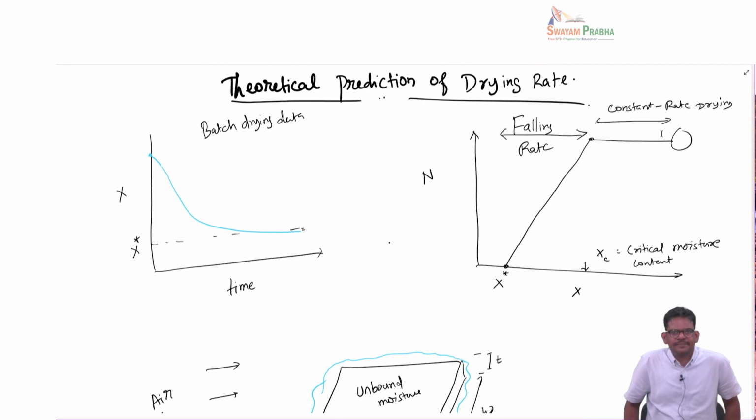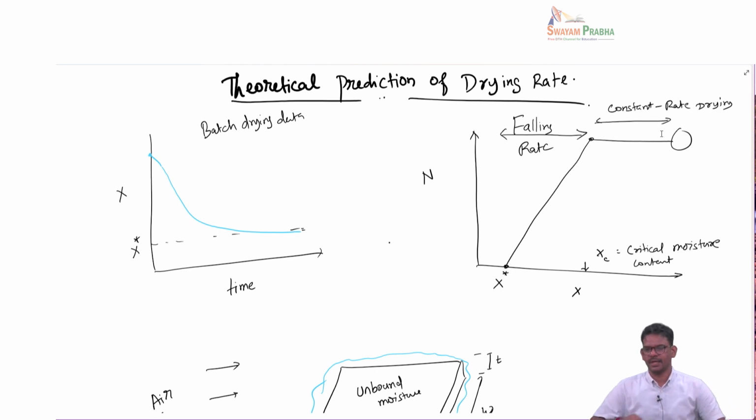Let me just elaborate there. There are two things I neglected. One is this initial condition. Let's say initially the liquid surface temperature is Ti, and then because of the balance between the heat transfer rate and mass transfer rate, at steady state the liquid will reach a Ts temperature. Now between Ts and Ti, if that difference is not very much, then this period will be very short.